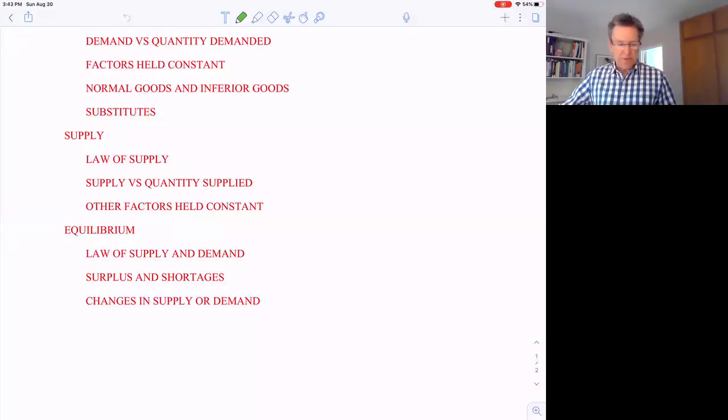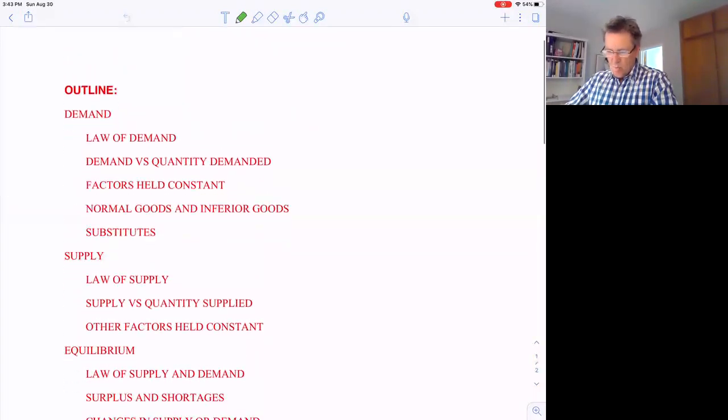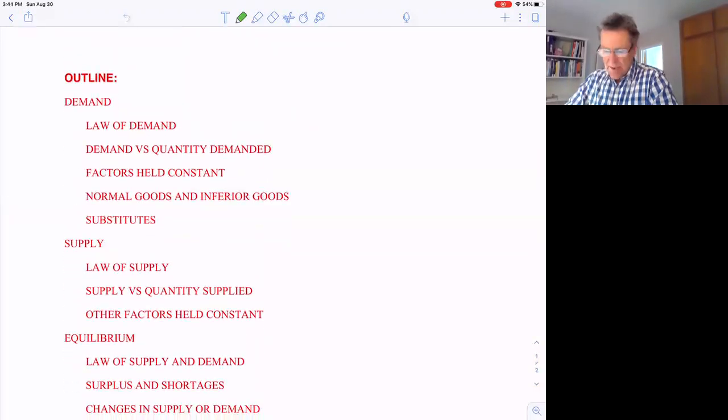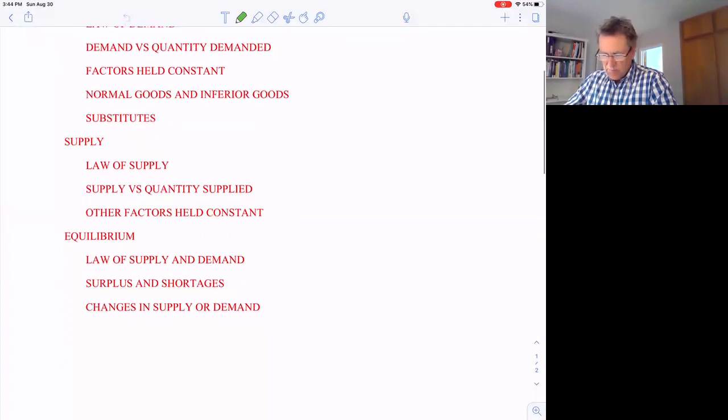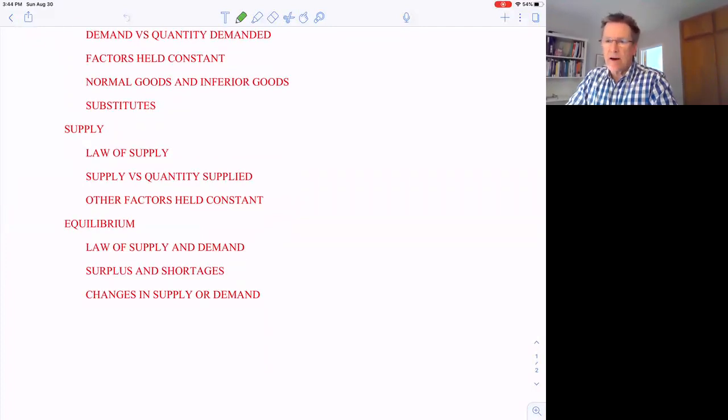Okay, so that wraps up video 3 and the module for supply and demand. We've gone through demand, the law of demand, the difference between quantity demanded and demand. We've gone through supply, the law of supply, the difference between quantity supplied and supply. We put them both together on one graph and have gone through the law of supply and demand, which is how prices change quickly to get us to an equilibrium.